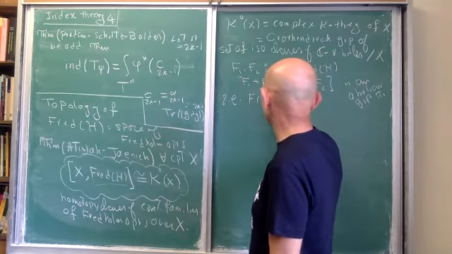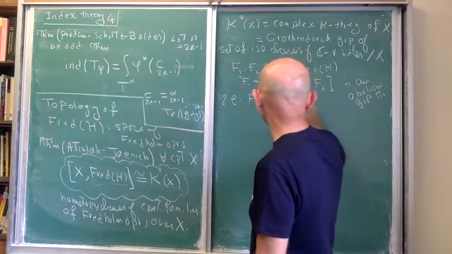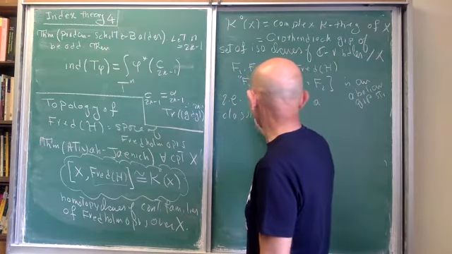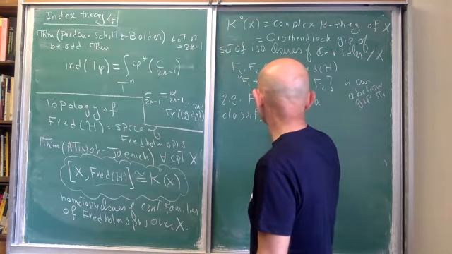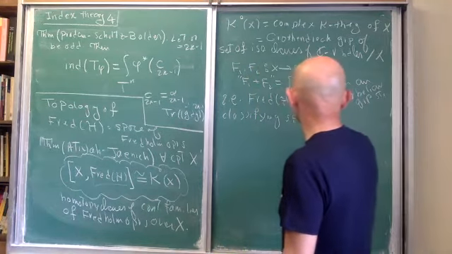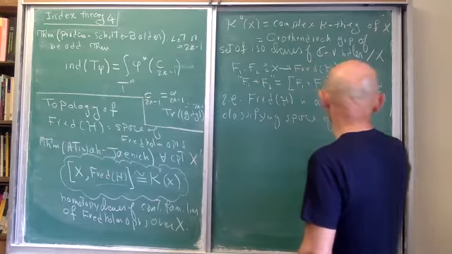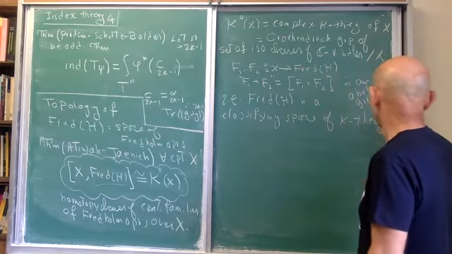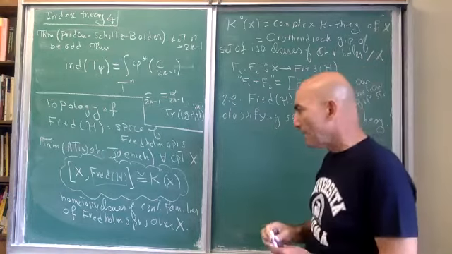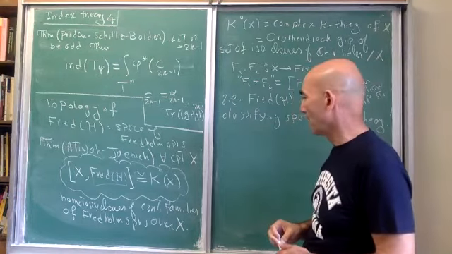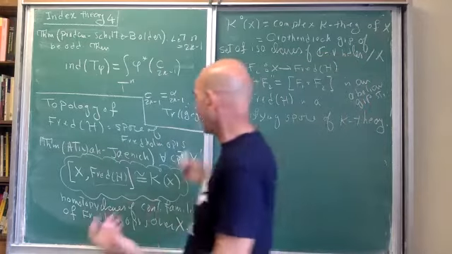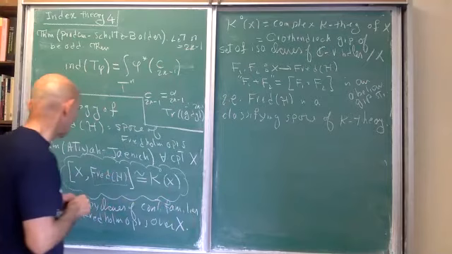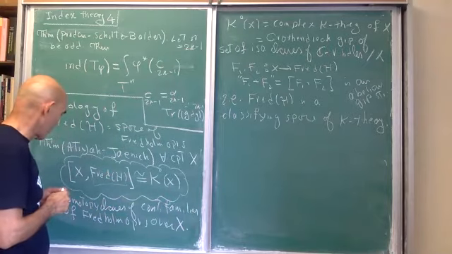That's what the result is. If you find the classifying space of your cohomology theory, you have done a good job for sure.